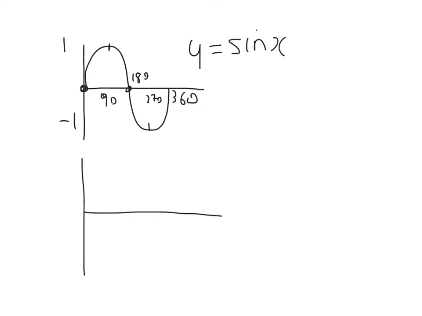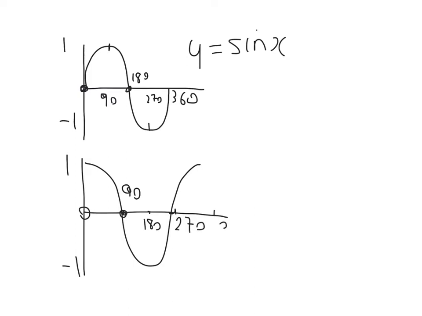Y equals cos x goes up to 1 down to -1. It falls at 0 and down to the x-axis at 90. It then goes down to 180, back up to the x-axis at 270, and climbs back to 1 at 360.